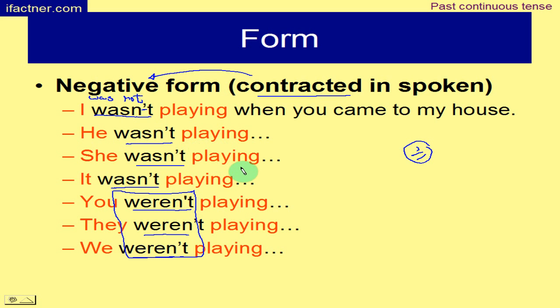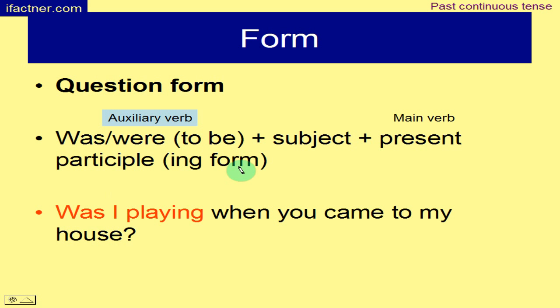Now let's continue our discussion and move forward with the question form of past continuous tense. Remember that in our affirmative example, I had the sentence I was playing when you came to my house.